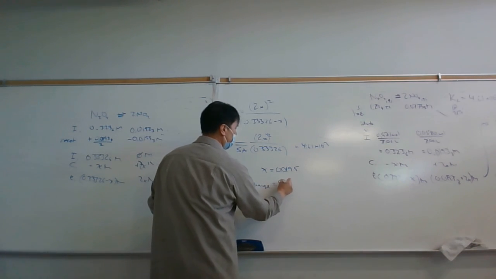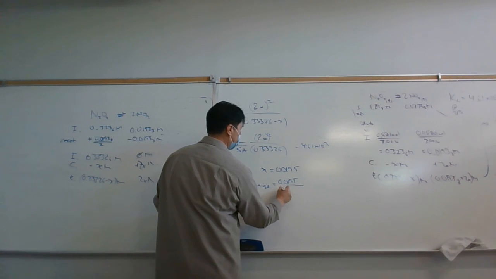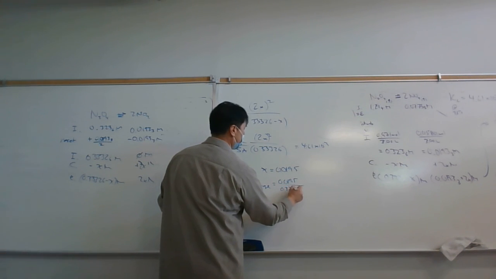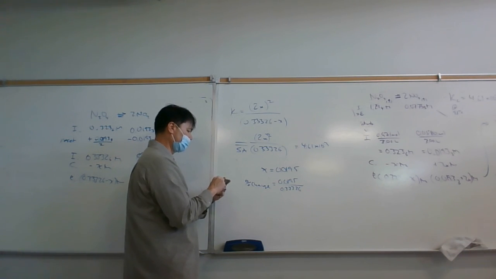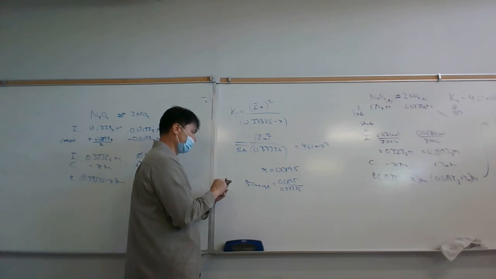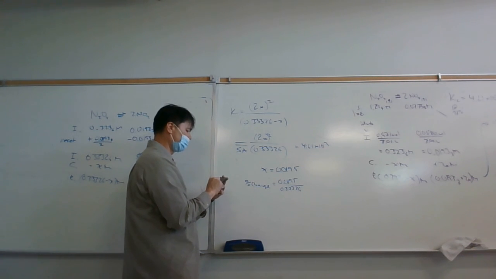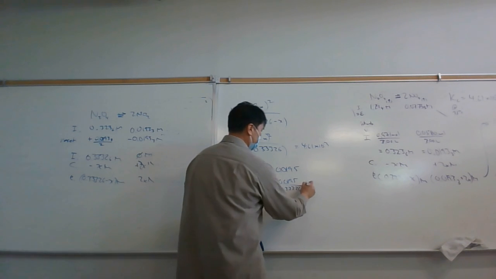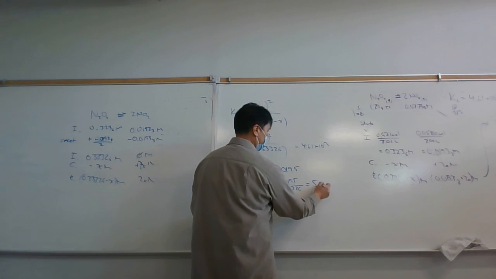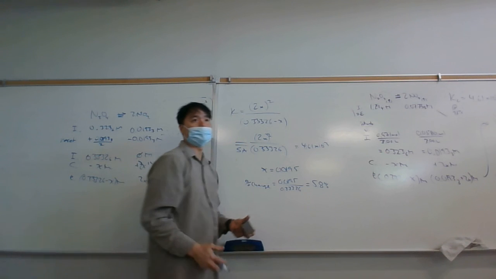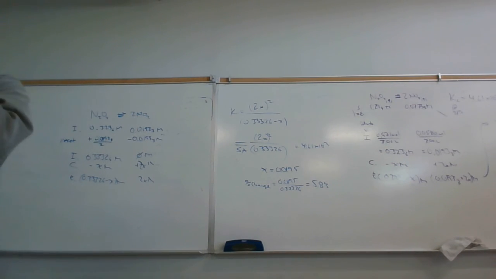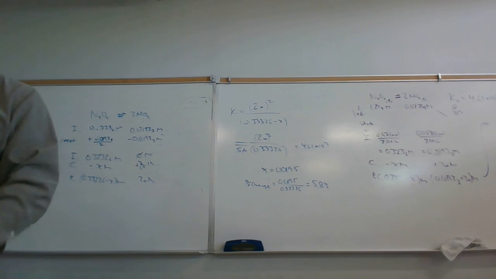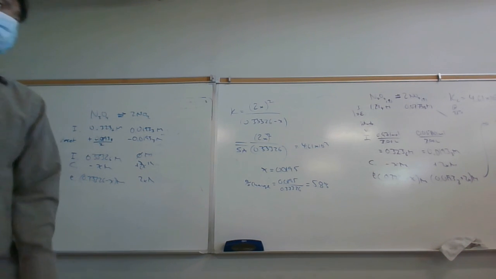Percent change is 0.0195 divided by the initial 0.33326 times 100. So close. 5.8%. So close. But it failed. It failed, but it was worth a try.